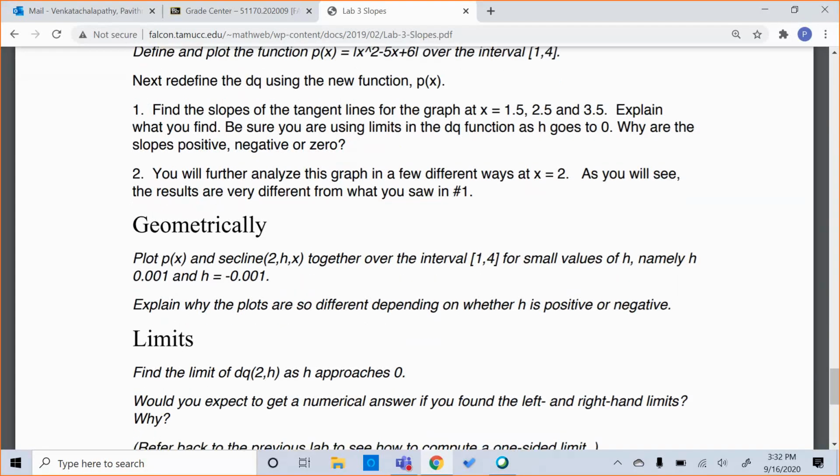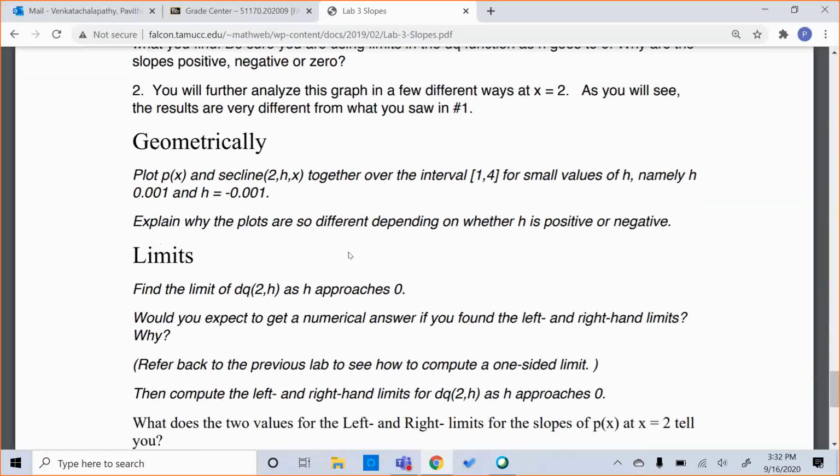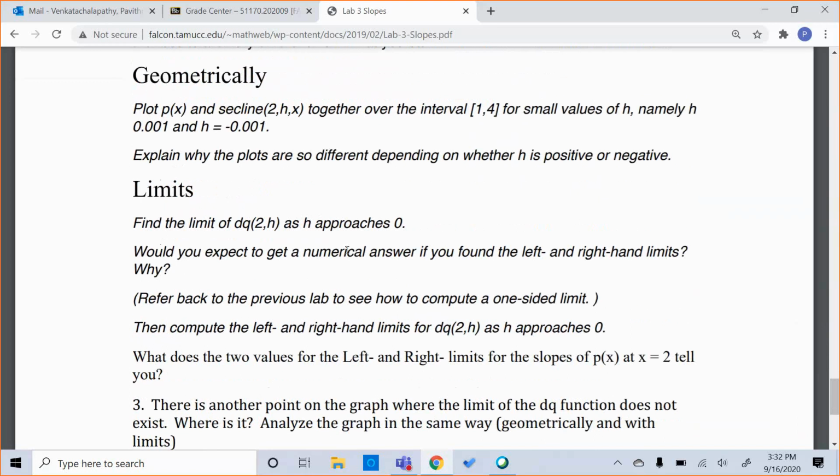Okay, that is one thing. And you will have to explain to me why you are getting a positive value, or if you're getting a negative value, why you are getting a negative value. Just explaining the graph.